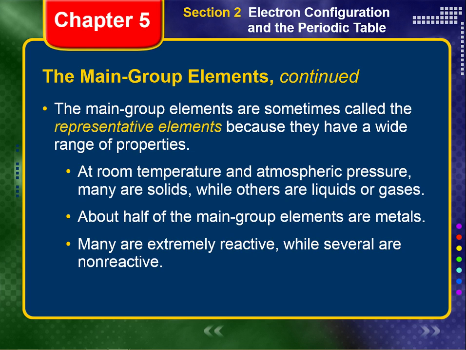The main group elements are sometimes called the representative elements because they have a wide range of properties. At room temperature and atmospheric pressure, many are solids, while others are liquids or gases. About half of the main group elements are metals, and many are extremely reactive, while several are completely non-reactive.